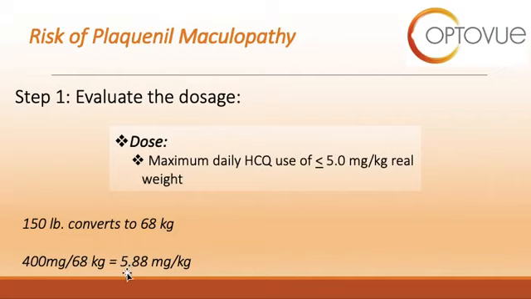And that comes out to 5.88 milligrams per kilogram. So you say, well, the recommended dosage is less than or equal to 5 milligrams per kilogram. So this lady, based on her body weight, is taking a dosage that is higher than recommended.